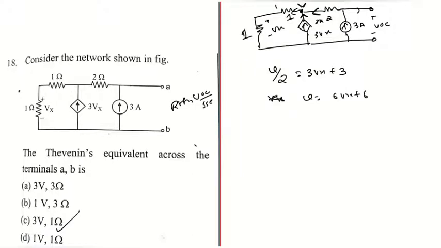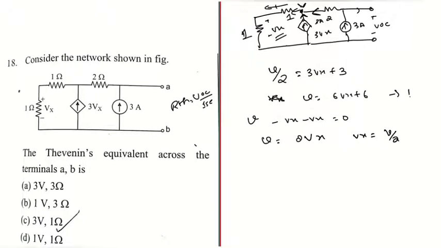And now Vx is the voltage drop across this 1 ohm. So I am going to write the mesh equation from here. So it will be V minus Vx minus Vx itself, right, equal to 0. That means V equal to 2 Vx. Vx is equal to V divided by 2.